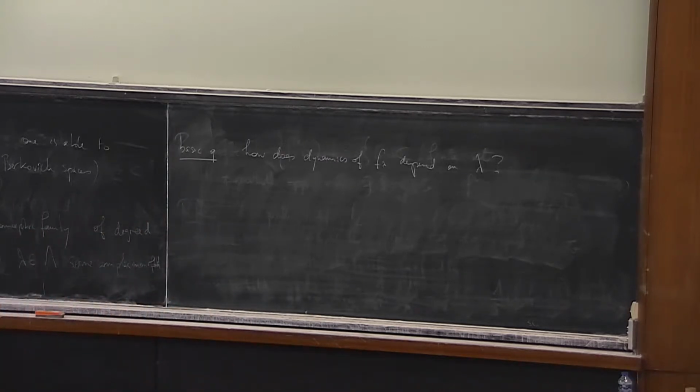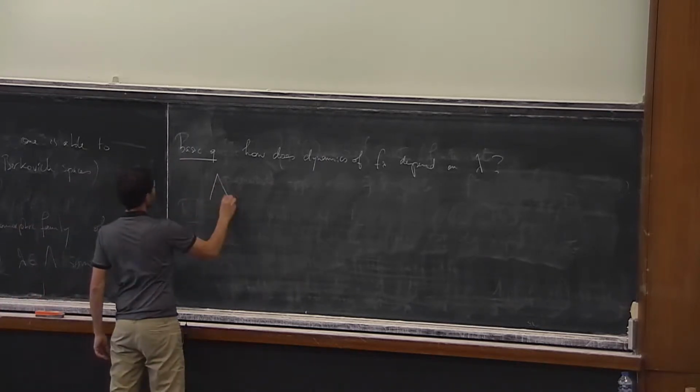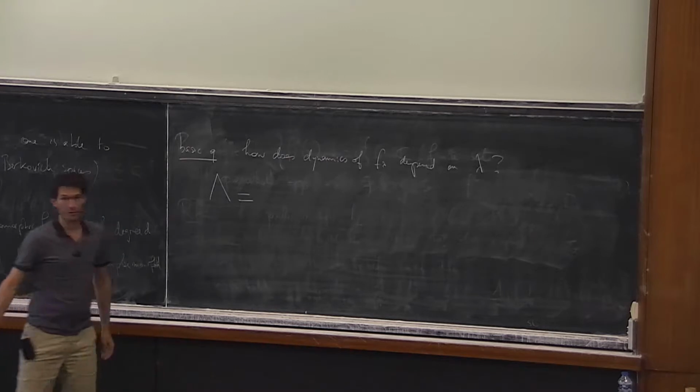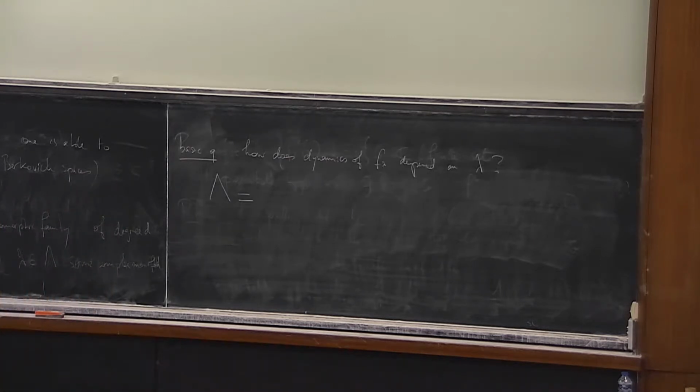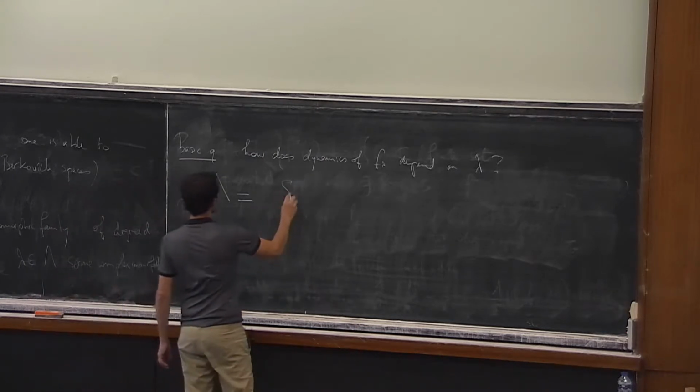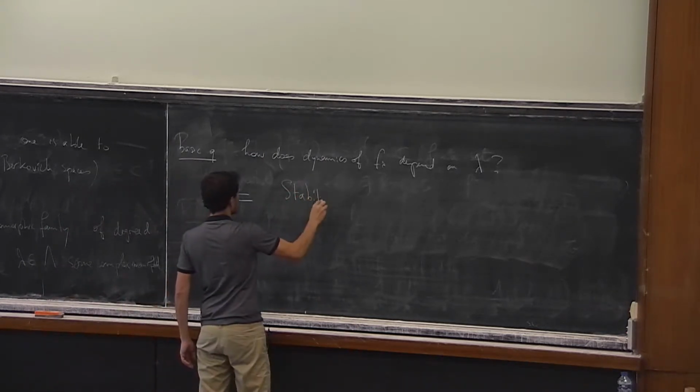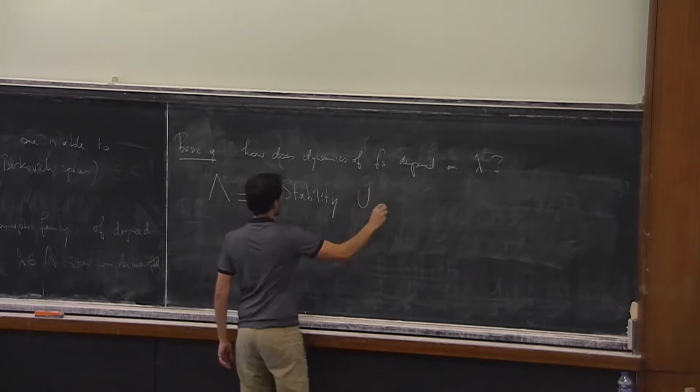And usually what we are able to do is to make a dichotomy of the parameter space, which is slightly similar to the dichotomy of Fatou and Julia, into a stability locus and a bifurcation locus.